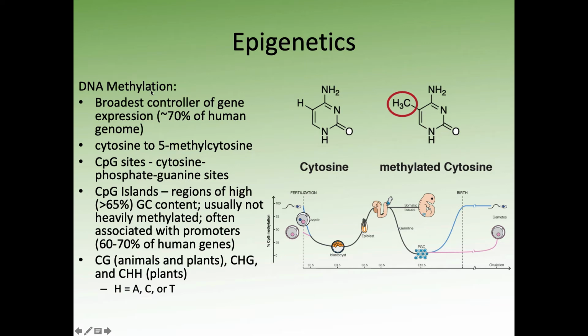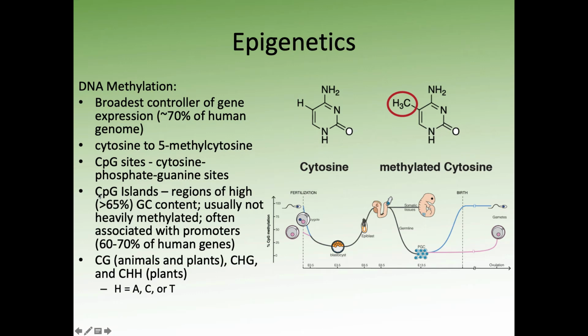It fluctuates, but about 70% of the human genome on average is methylated. Specifically, one of the things we look for are regions in which we find CpG sites, parts of the genome where we have a cytosine followed by a guanine, so it's a cytosine phosphate guanine site.